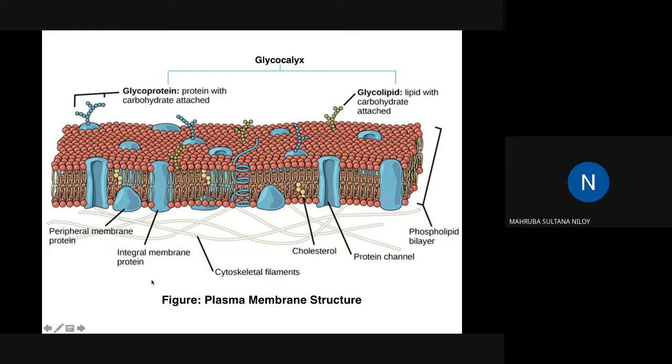Okay. So what do these lines actually indicate? Cytoskeleton filaments. Okay, cytoskeleton. So somehow this membrane is connected with the cytoskeleton, isn't it? Okay.